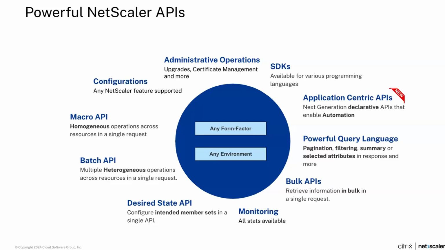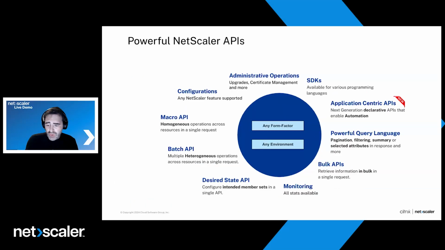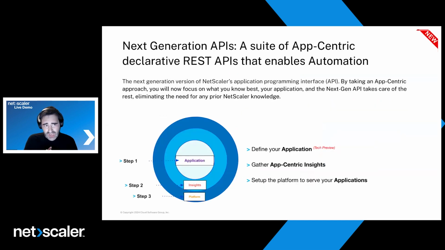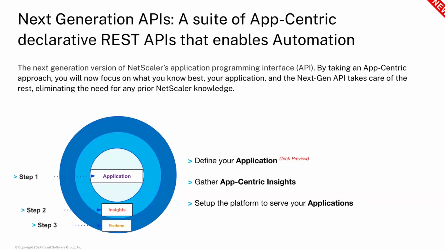And as Andrew already mentioned, we are talking about a declarative API, whose main focus is to enable automation. So it's all about how you can interact easily and how you can get all of the benefits that I covered in the previous slide. So what is the next generation API? We are talking about a suite of app-centric declarative REST APIs to enable automation.